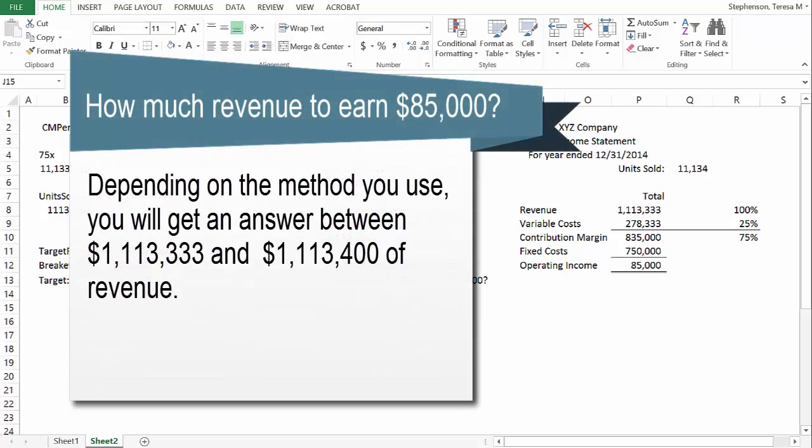So now we have a correct range of answers. So I would actually accept any answer between $1,113,333 and $1,113,400. It's not a wide range, but any answer in that range would be correct.